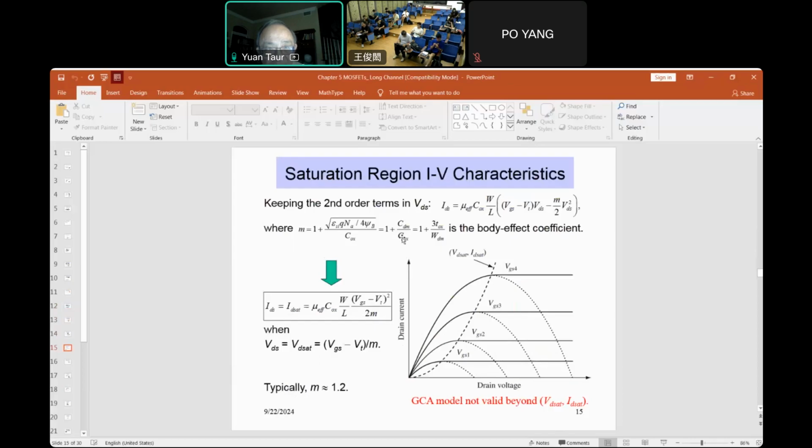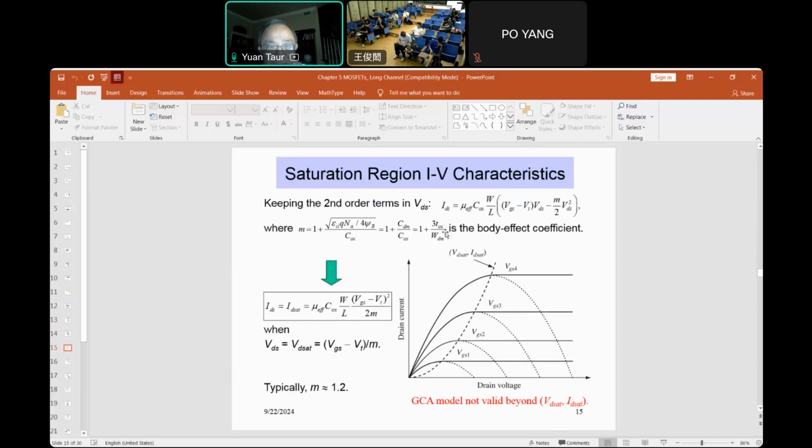Cox is epsilon oxide divided by Tox. Okay, so this can be expressed as 3 Tox, where 3 is epsilon silicon over epsilon oxide. Silicon has a dielectric constant of 11.7. Oxide SiO2 is 3.9. Okay, 11.7 divided by 3.9 is 3, or almost exactly 3. So it is 3 Tox over WDM.